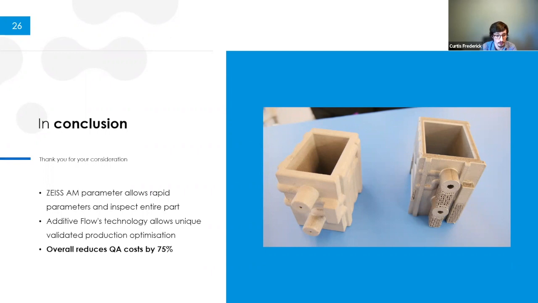And Additive Flow then allows you to do all of this by just determining a few boundary conditions, a few regions that need to be maintained, taking in the data from Zeiss's workflow, and then in the end, reducing the QA costs by 75%, because this is a validated process now that we can adjust and tweak the models and then apply a similar workflow to future parts in the same class.